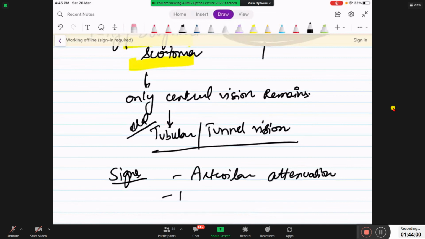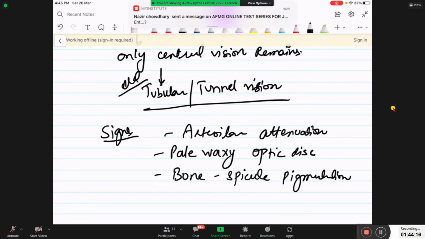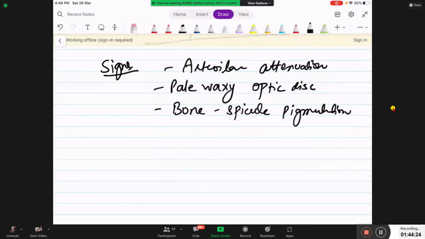And bony spicule pigmentation is seen. These are the three signs which are characteristic of retinitis pigmentosa. Clear?